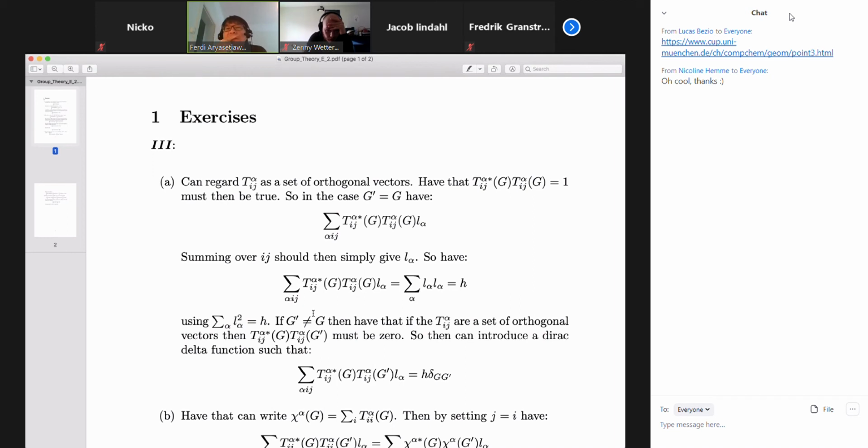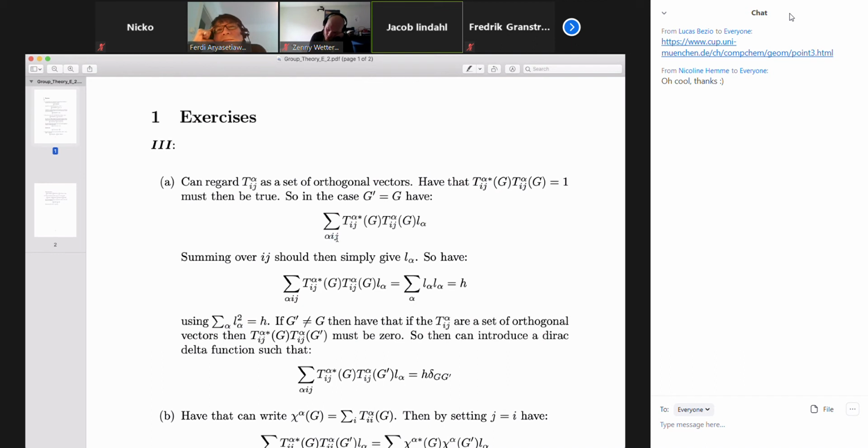So maybe you could repeat it and restart it and try to follow the reasoning. We have a set of orthogonal vectors. This is simply the inverse of this, which is equal to 1. So if G equals G, you have the same thing here.